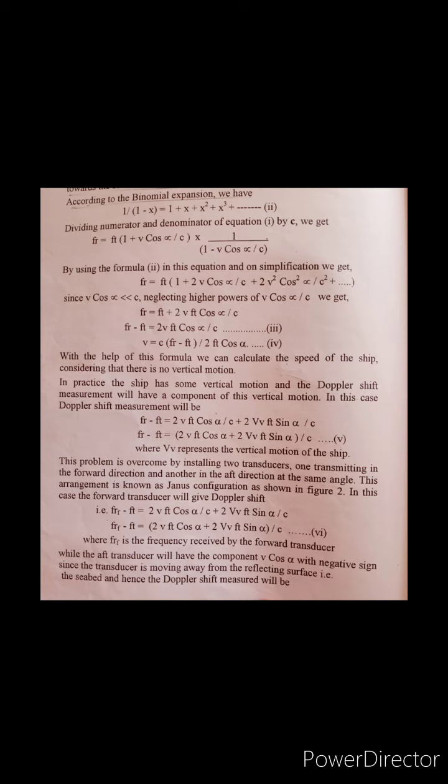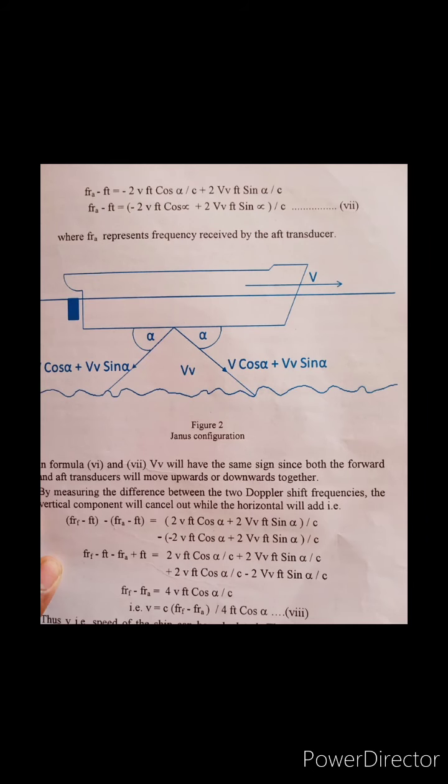The aft transducer will have a component of v cos alpha with a negative sign, since the transducer is moving away from the reflecting surface, that is the seabed. So for the aft transducer, fra minus ft equals minus 2v ft cos alpha by c plus 2vv ft sin alpha by c.